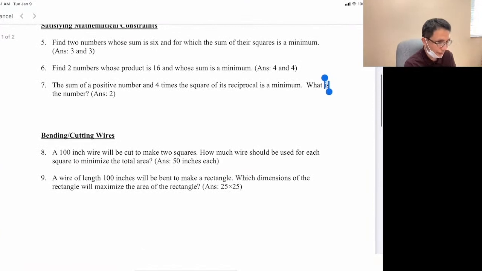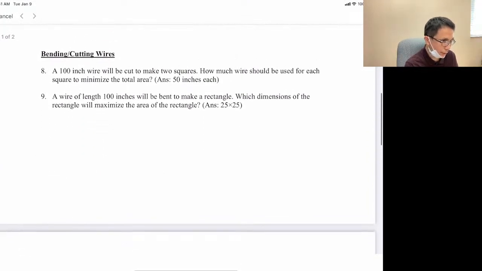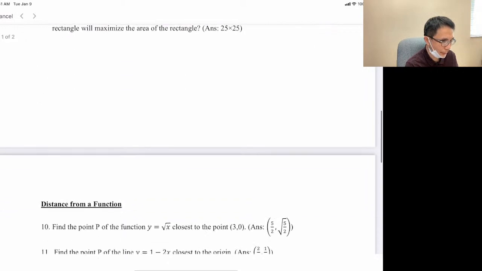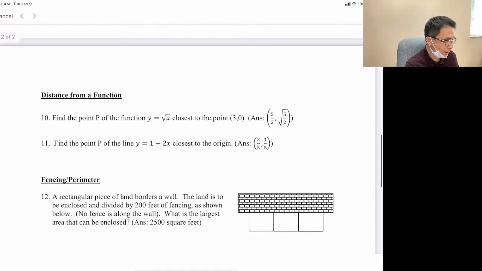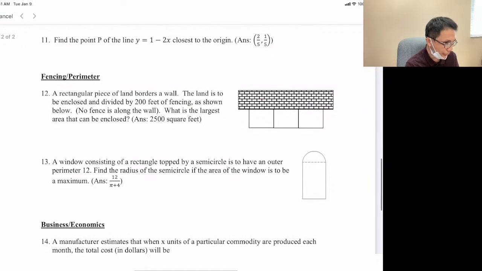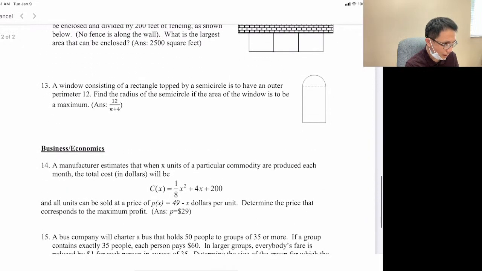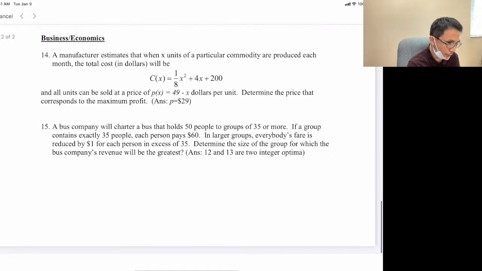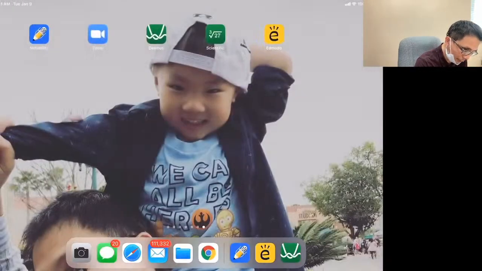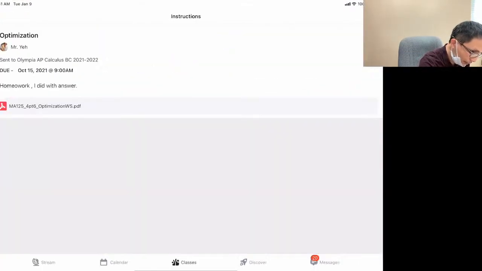You're not going to have a bending a wire. Those are kind of intense, so we're not going to deal with that. You are going to have a distance from a function, and there's a few questions right here. You're not going to have a Norman window on this one, and the cost one. So we're going to find you one that relates to cost. So let's go back and look at the cost one.